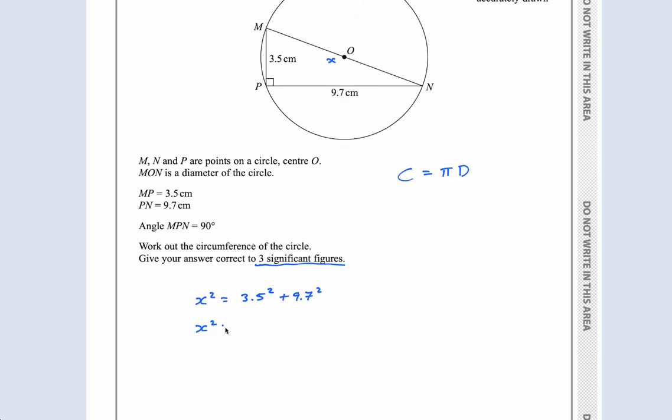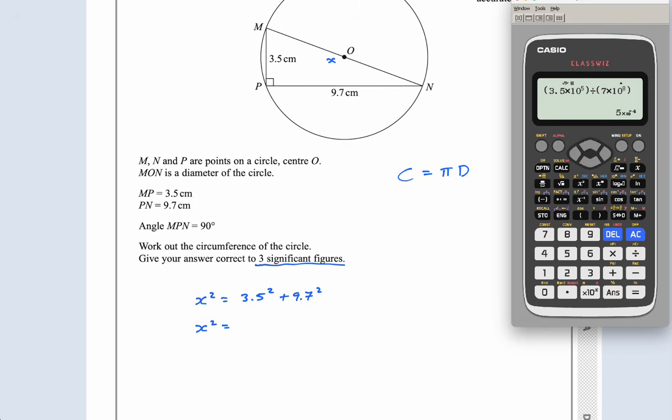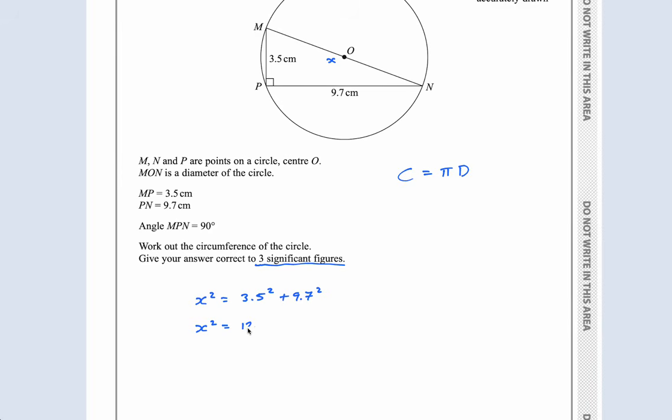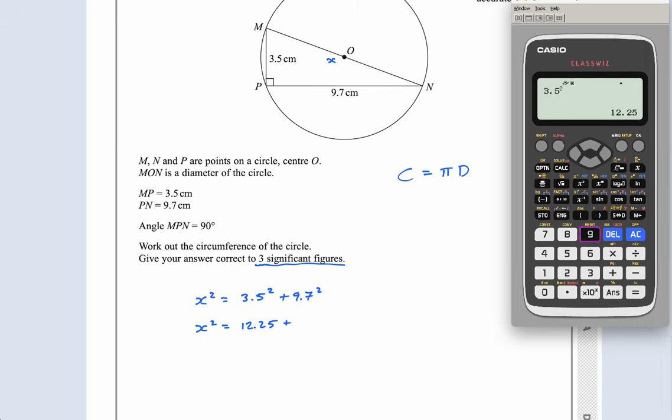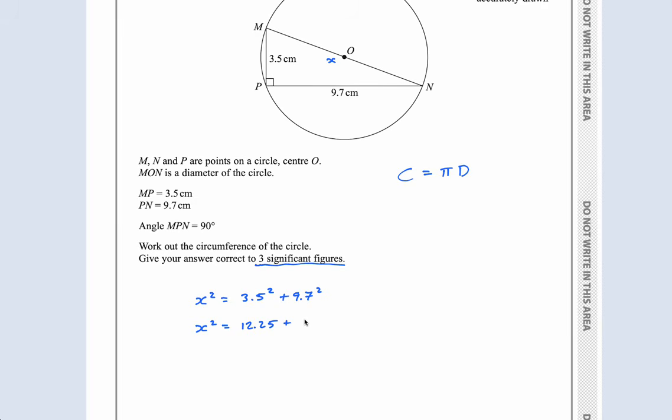X squared is equal to, let's do this. 3.5 squared is 12.25. 12.25 plus 9.7 squared, which is 94.09.